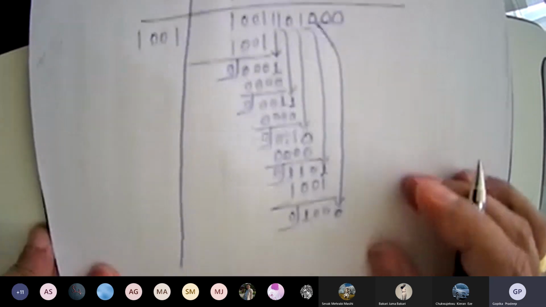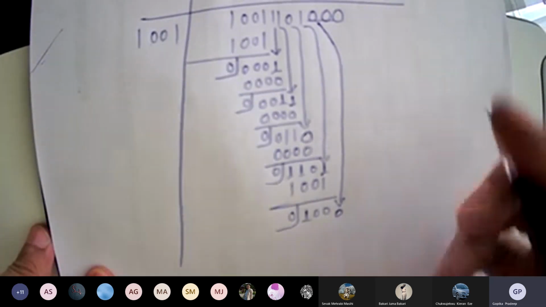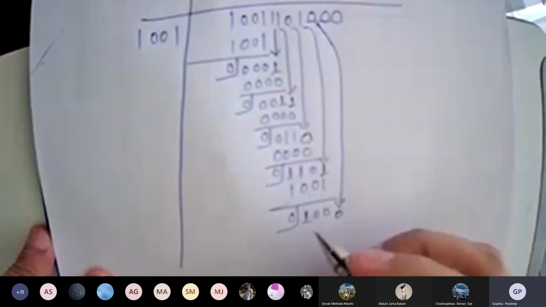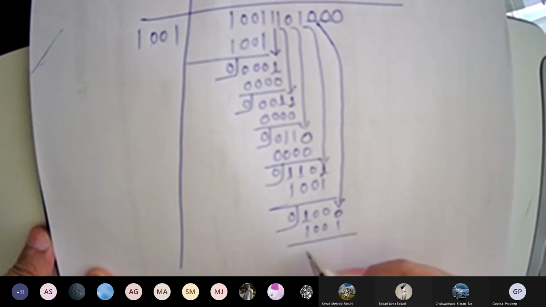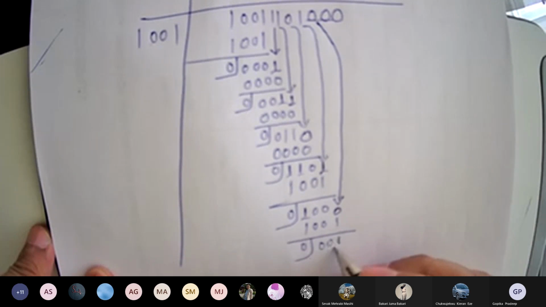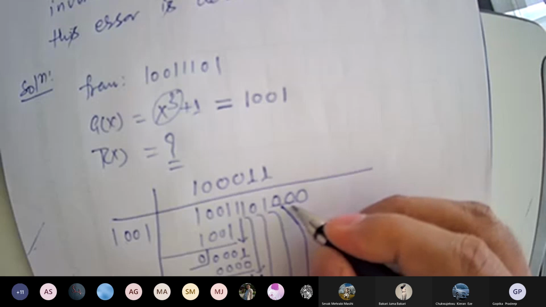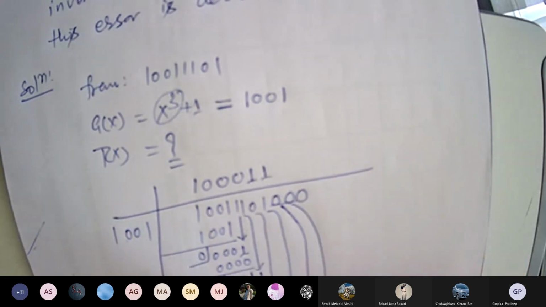How many times can you divide now? 1. So 1001. So 0 you will discard it. Then 001. Then one more 0 from up will come down.